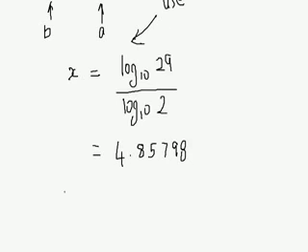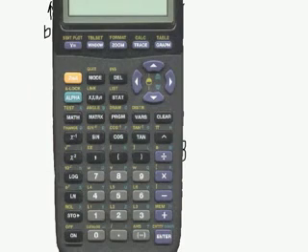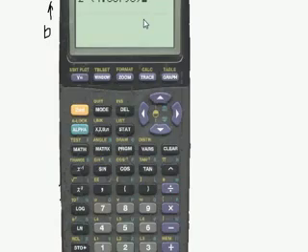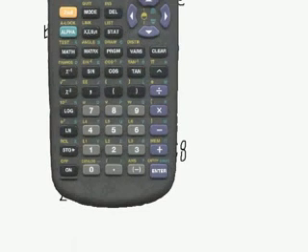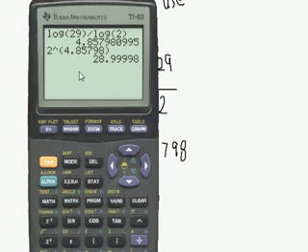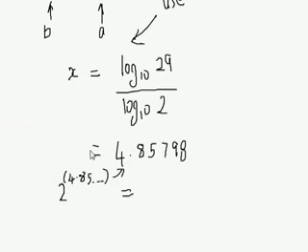So if we were to say 2 to the power of 4.85798, I haven't used the full expression, so it'll come close, but it won't be the exact value. 2 to the power of that is equal to 28.99998, which is effectively 29 if I had most likely used the full value.